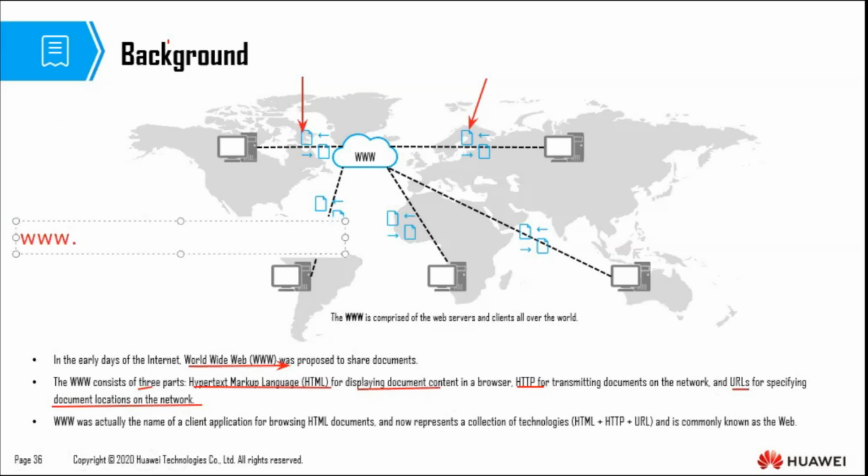So for example, mnu.ac.ke, CIT, maybe lecturers or courses. So that is what we call a URL.